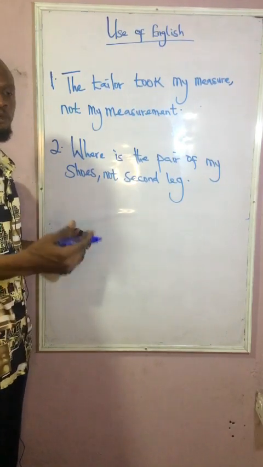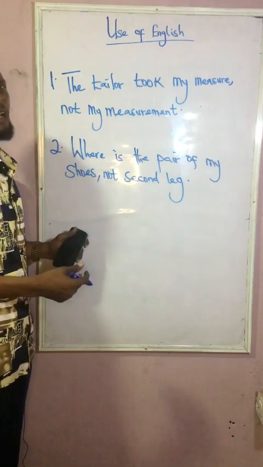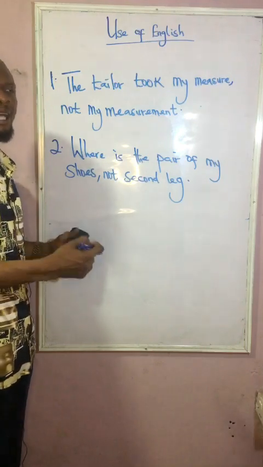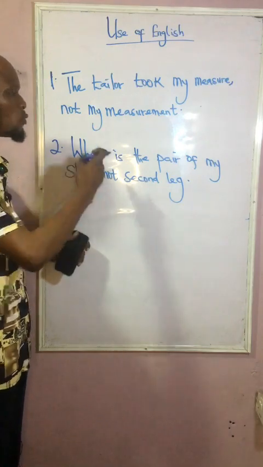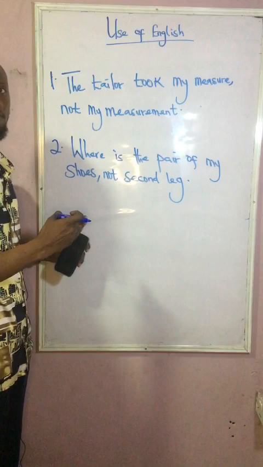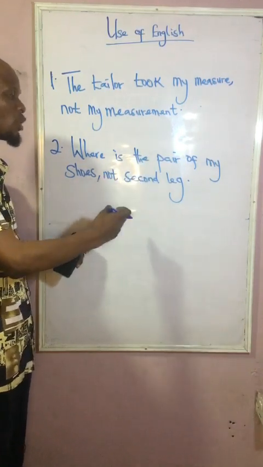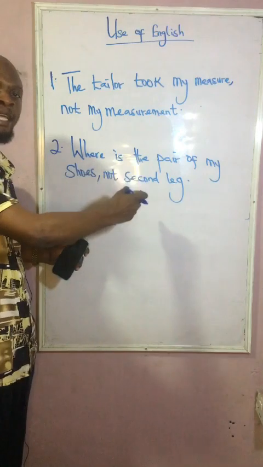Many a time you see the students saying, where is the second leg of my shoe? The standard expression should be, where is the pair of my shoes? Not where is the second leg of my shoe.